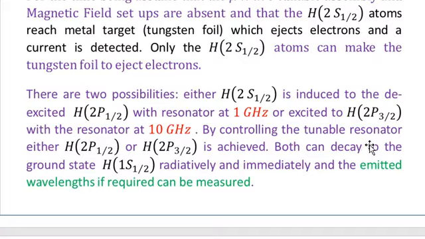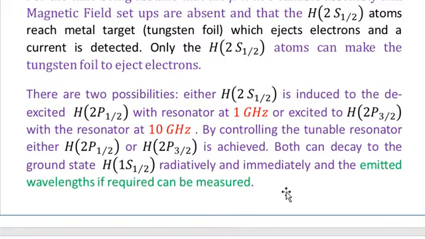By controlling the tunable resonator, one of them is achieved. Both can decay to the ground state H 1s1/2 radiatively and immediately, and the emitted wavelength, if required, can also be measured.